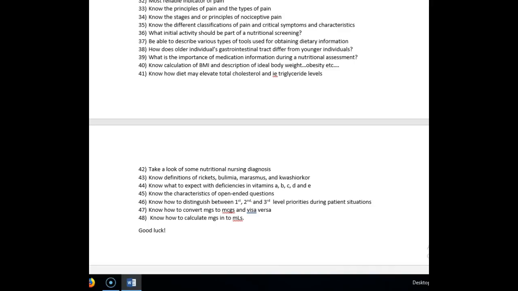I want you to discover, if you saw someone and they had this acromegaly, what you would see when you saw this individual. Acromegaly. Look that up and tell me what that is. Okay?